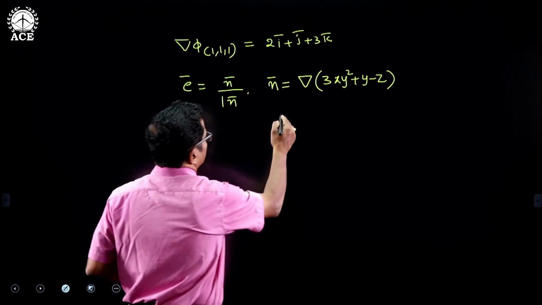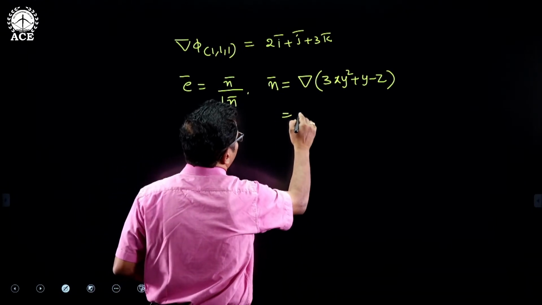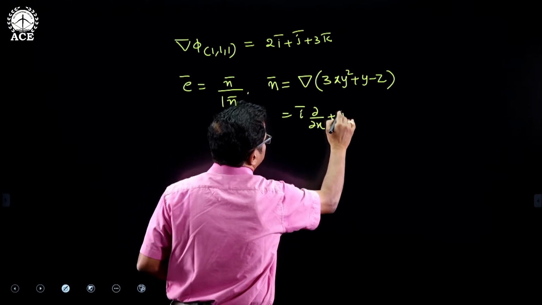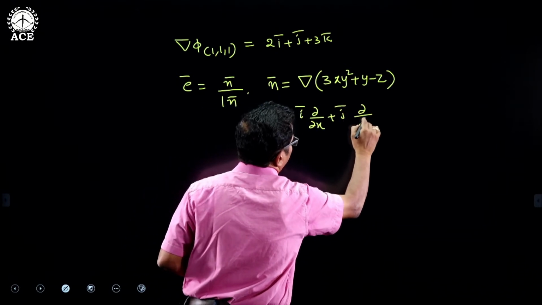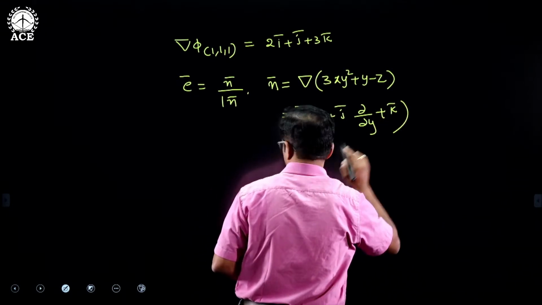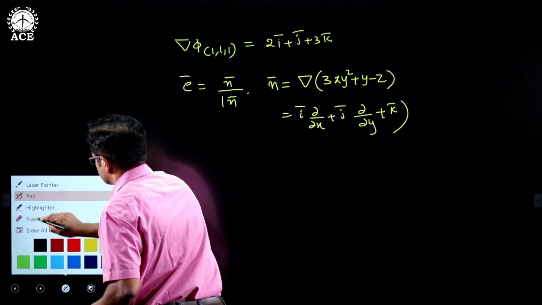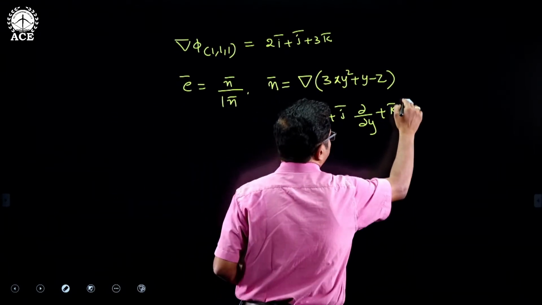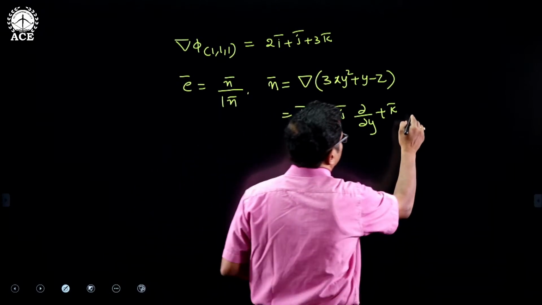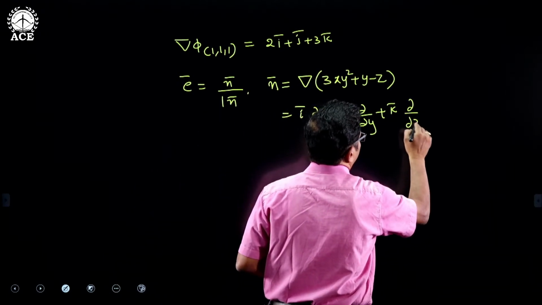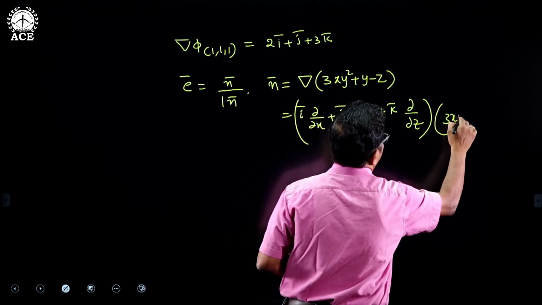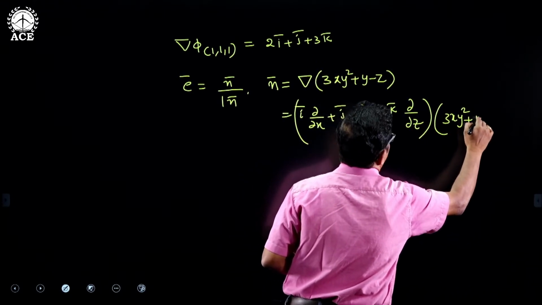So you know what the gradient is. Del means i bar into the differential operator dou by dou x plus j bar into dou by dou y plus k bar into dou by dou z, of 3xy square plus y minus z.